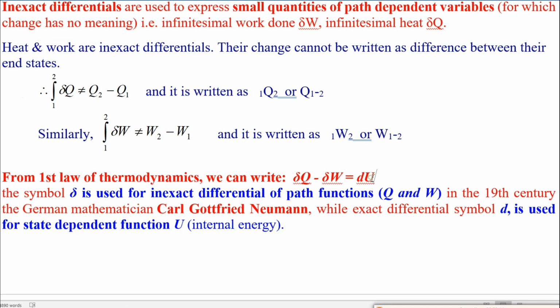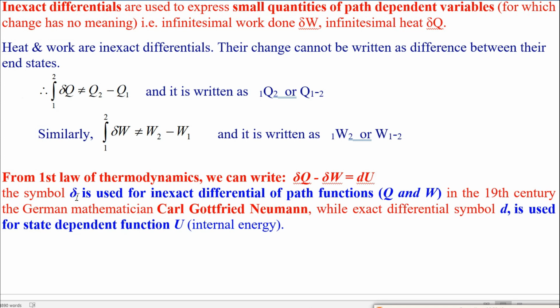Now internal energy is a property, so we can write change of internal energy dU, but transfer of heat del Q and transfer of work done del W. So we use the term transfer before heat or work, but we cannot use transfer before internal energy; we use change.